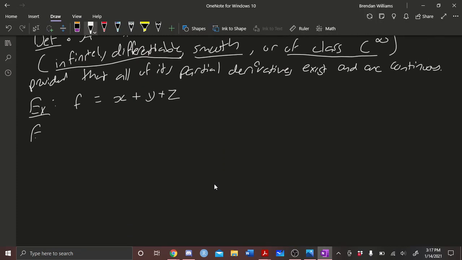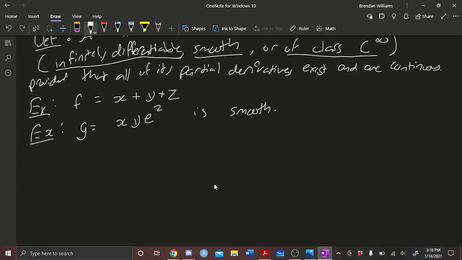And as another example, g equals x, y, e to the z is also differentiable or smooth. Okay, and the second one, it seems intuitive that this would be true, but we kind of need the next statement for it to really become obvious.